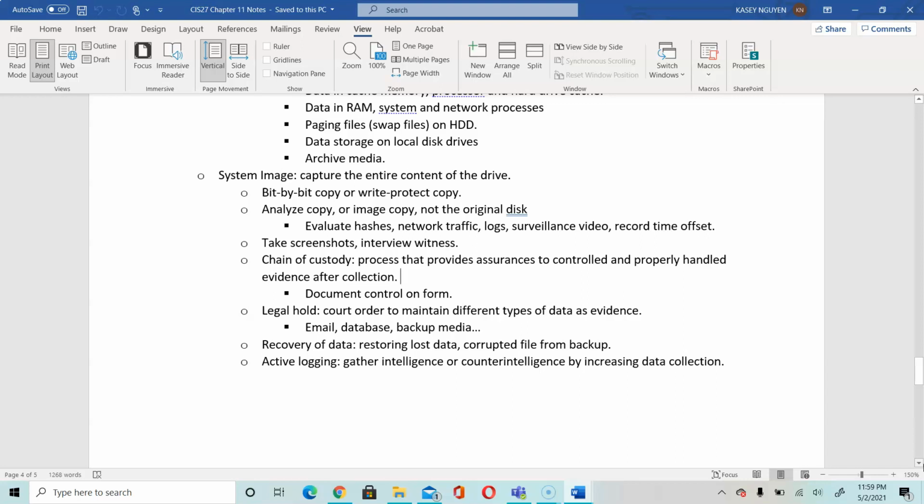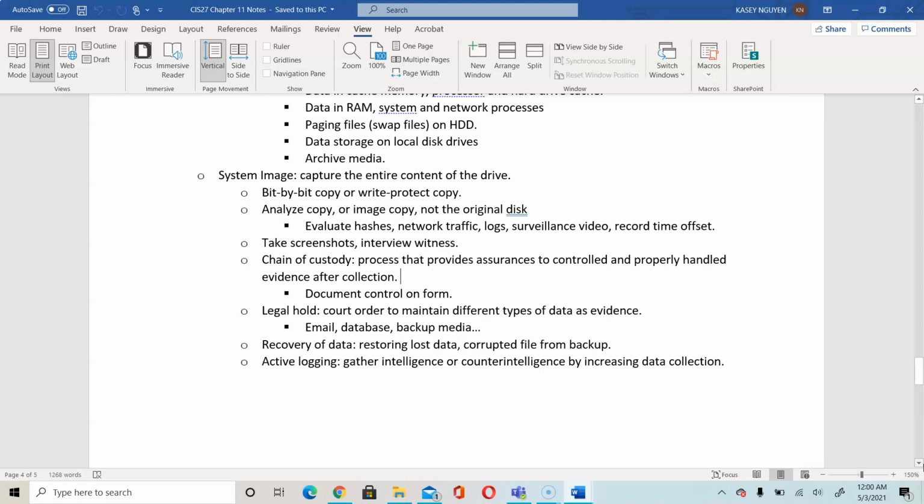That means their data is then being used as evidence. So email, database, backup media could be pulled to be analyzed. Even current ongoing email or past email, old database records or existing database records, backup media, archive data, and so on.